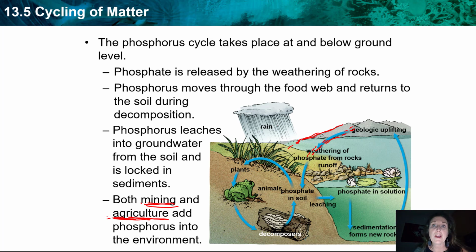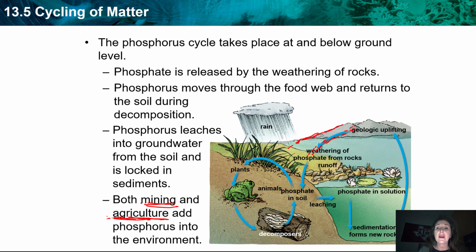And when we put all this fertilizer and growth minerals on the plants, that gets into the soil. And then we end up with so much phosphate in any given solution, so any area near agriculture is going to end up with an overabundance of nutrients, which can create eutrophication in a lake. So we don't want that.